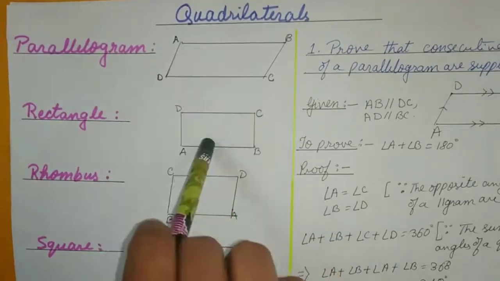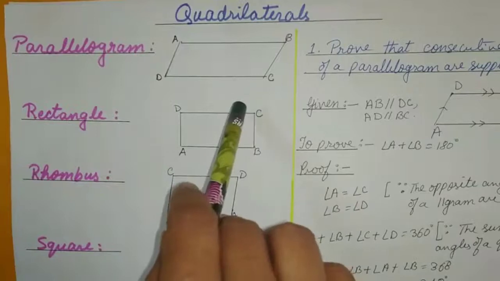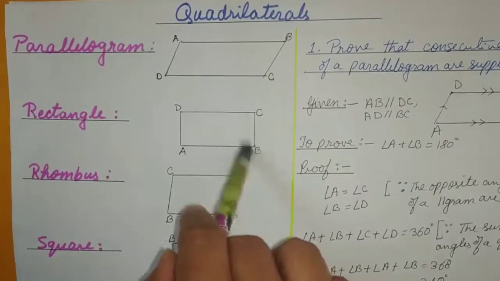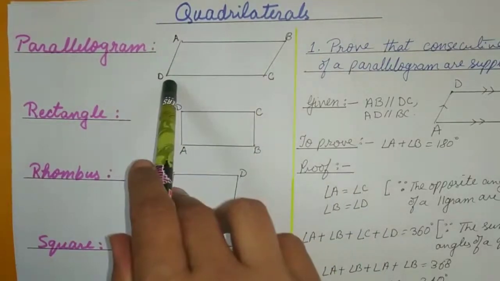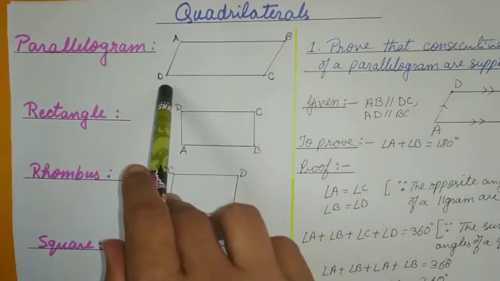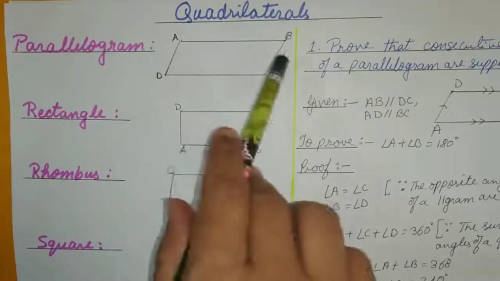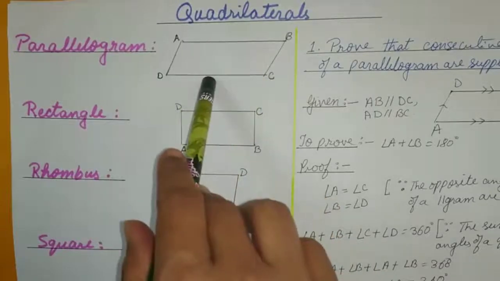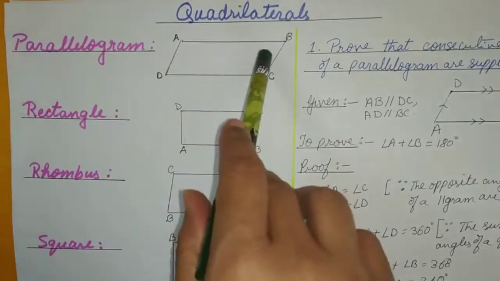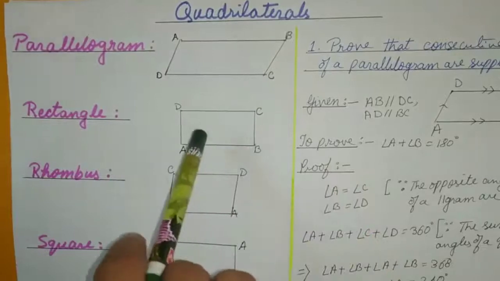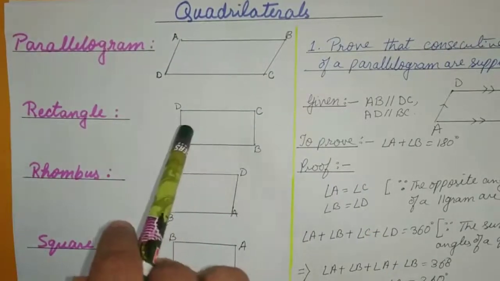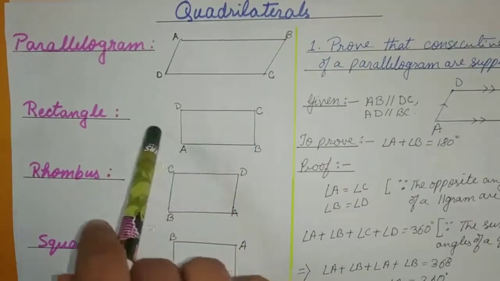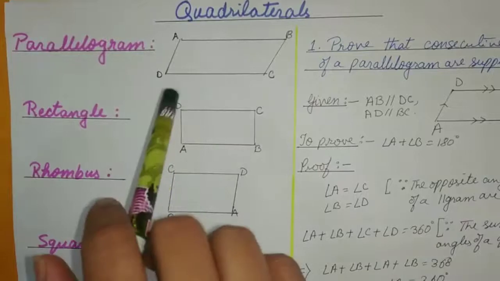But in this case, each angle is equal to 90 degrees. Here they were not restricted to any particular angle. It was only that the opposite sides are parallel, the opposite sides are equal, the opposite angles are equal. But in a rectangle, each angle is also equal to 90 degrees.